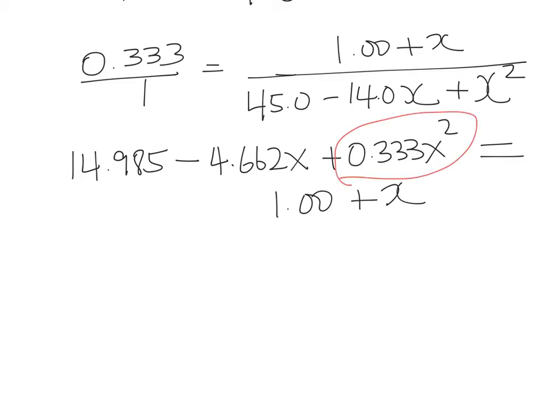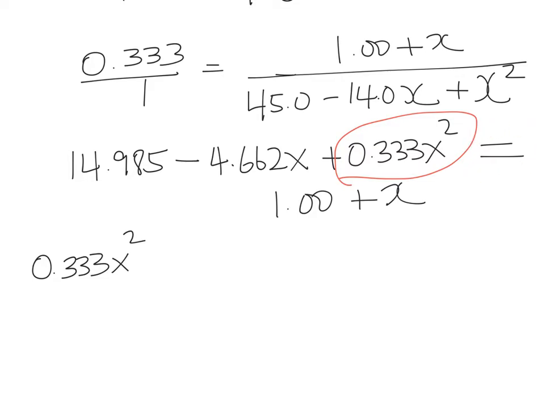So I'm going to write 0.333x squared. Now, the next set of terms that I have to collect are my x terms. So here is one x term that I have, which is minus 4.662, and the other x term that I have is this one here. Now this is on the other side of this equal sign.